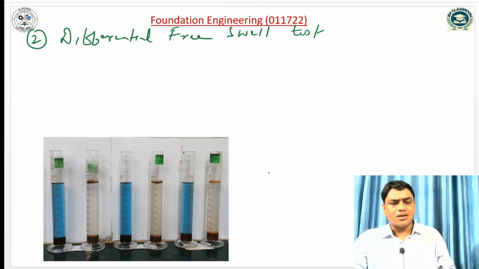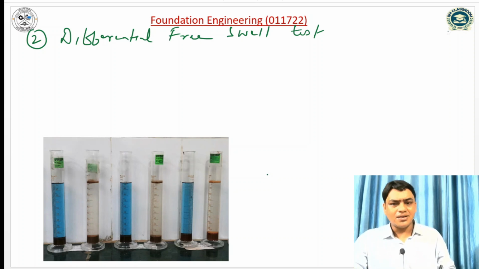In the first cylinder put this 10 gram soil sample and fill water up to 100 ml capacity, and in the second cylinder put 10 gram oven dry soil sample and fill it with kerosene oil up to 100 ml capacity.